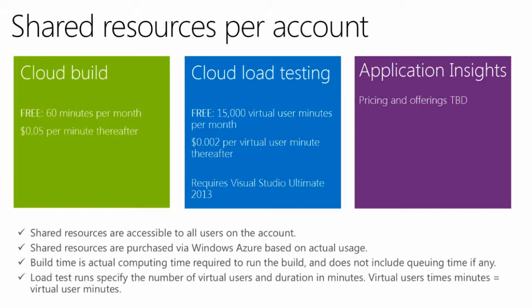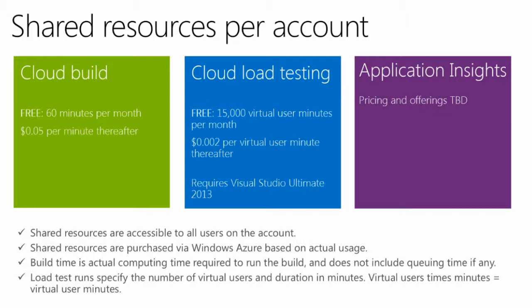So the cloud load testing service will give you 15,000 virtual user minutes per month, and then it's 0.2 cents per virtual user minute after that. So let me give you an example here. If I take 250 virtual users in a 60-minute load test, you take 250 times 60, that'll give you 15,000 virtual user minutes. So you're able to do that for free every month.